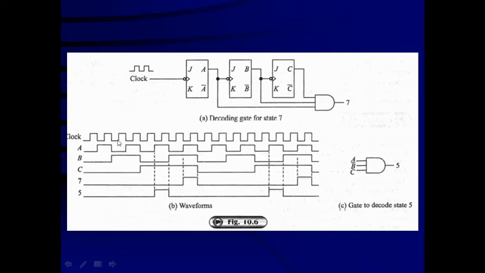This is the first one, the clock waveform. At the negative edge of the clock waveform, the flip-flop is going to be triggered, and it will result in a toggle. That means the output is going to be complemented. So, every negative edge of the clock pulse, flip-flop A is going to be toggled.